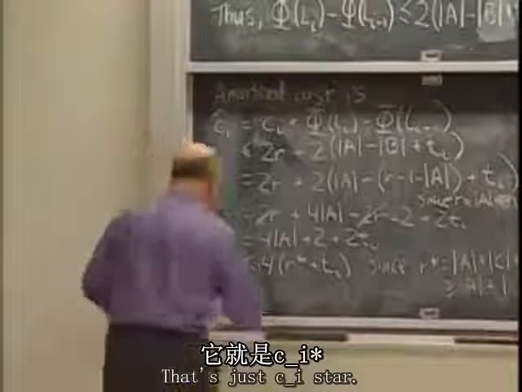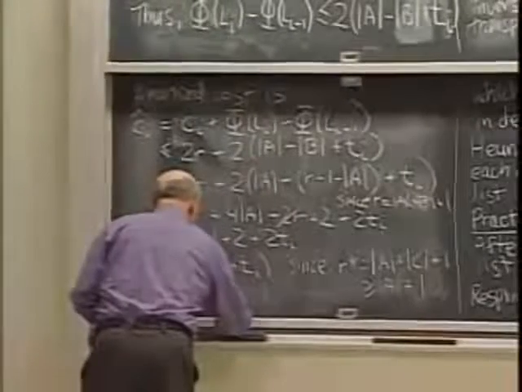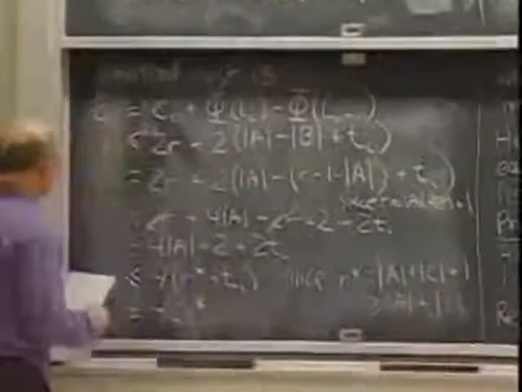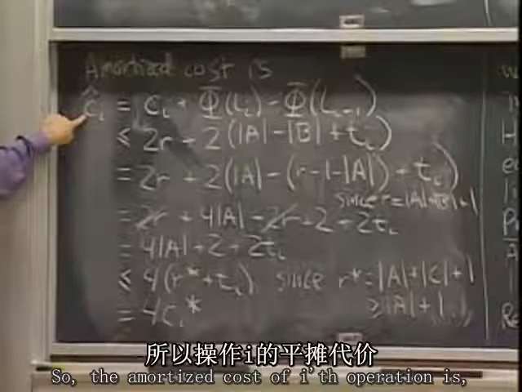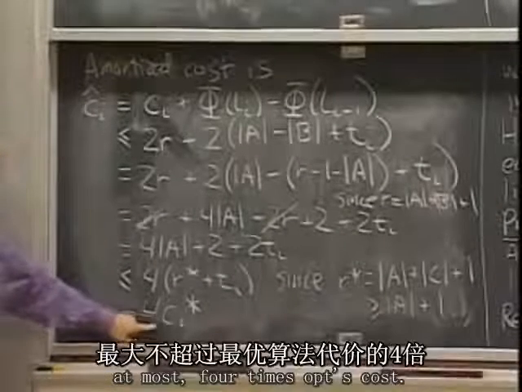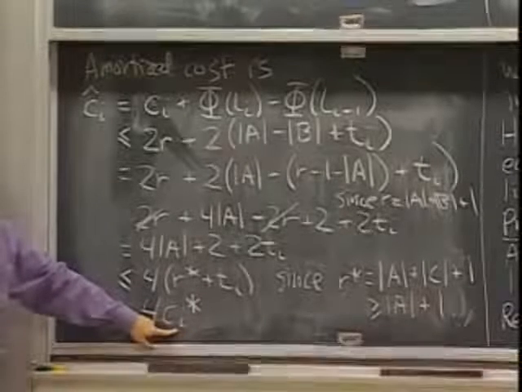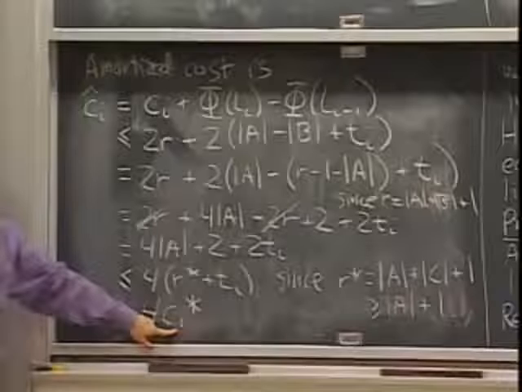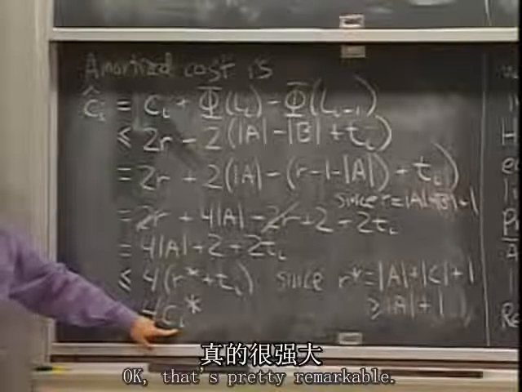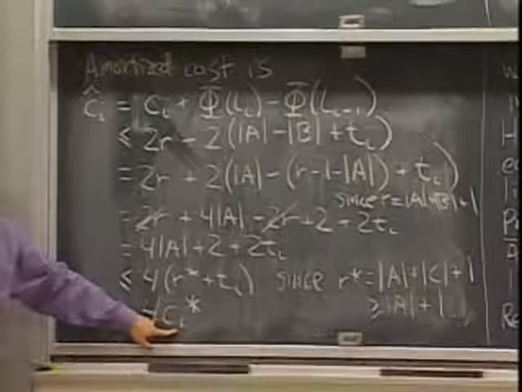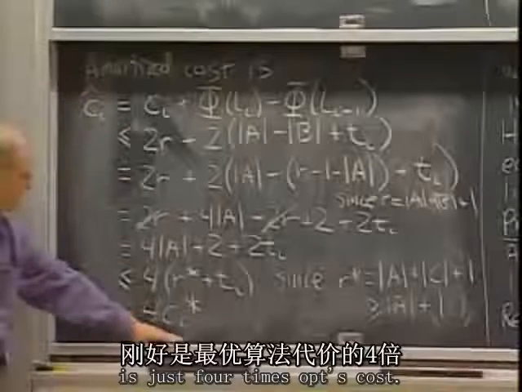That's just Ci star. So the amortized cost of the ith operation is at most 4 times ops cost. Okay? That's pretty remarkable. So the amortized cost of the ith operation is just 4 times ops cost.